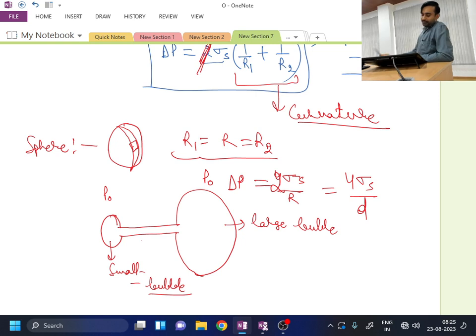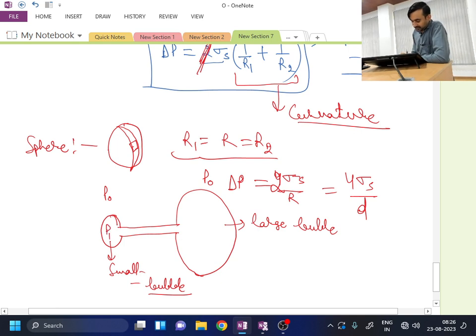So what will be happening over here? If you see, the curvature of the small bubble is actually large because its radius is small. If this is P1 pressure and this is P2 pressure, then pressure P1 will be greater in comparison to pressure P2.